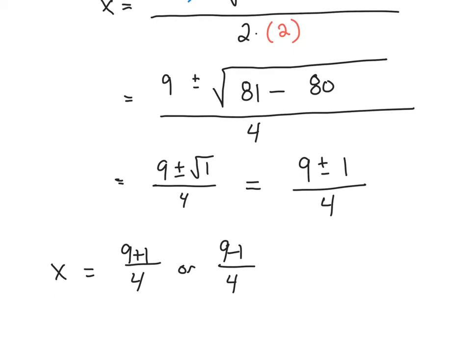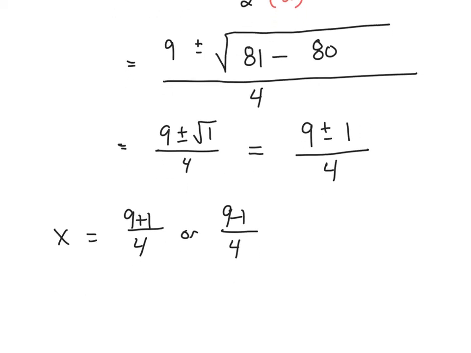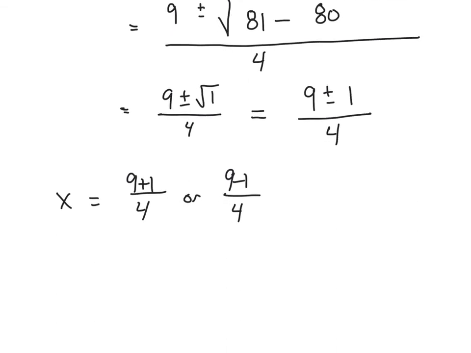Okay. Well, 9 plus 1 is 10, and 10 divided by 4 is 10 fourths, or 8 fourths. Right, so 9 minus 1 is 8 over 4.